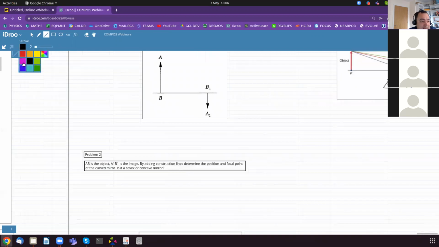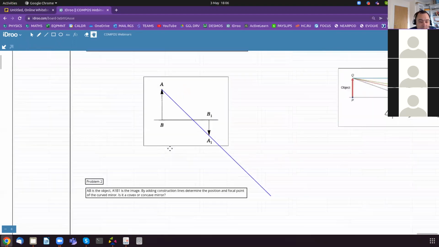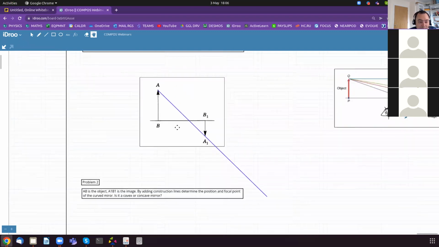So we take a line, we join the 2 dots. And this line will be perpendicular to the mirror. Let's extend the principal axis. It's likely that our mirror is going to be on the right. I mean, it looks that way. So this is the principal axis.